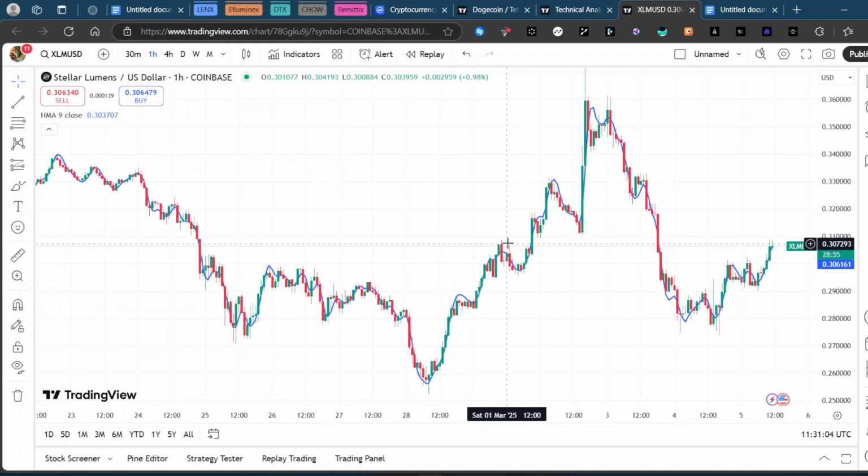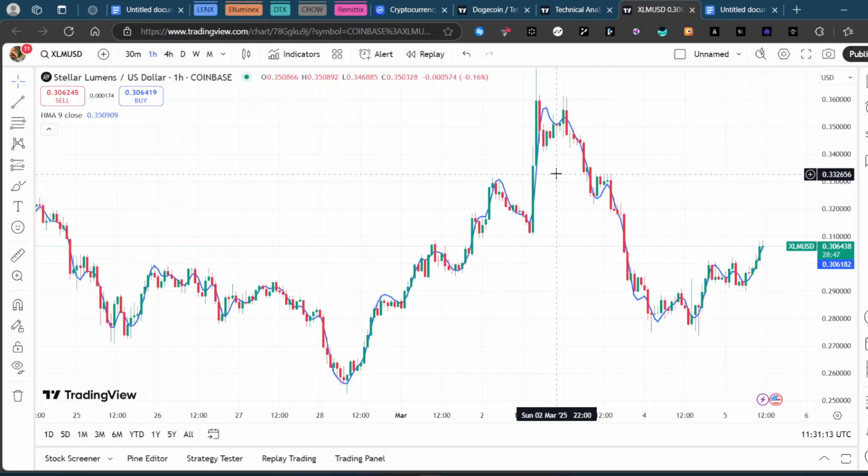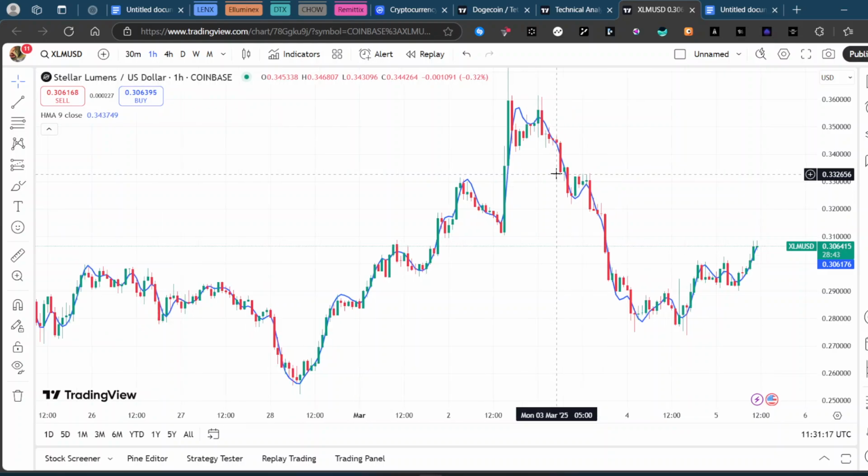It is very important that you choose the right time frame. The first step is choosing the right time frame. The HMA works well on multiple time frames. You can use it on any time frame, but its effectiveness depends on your trading style.